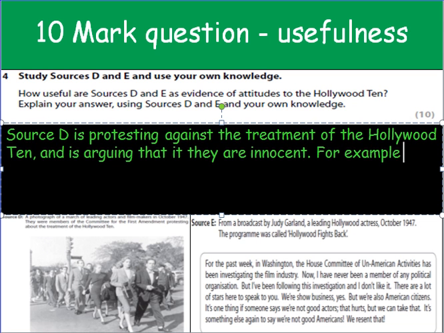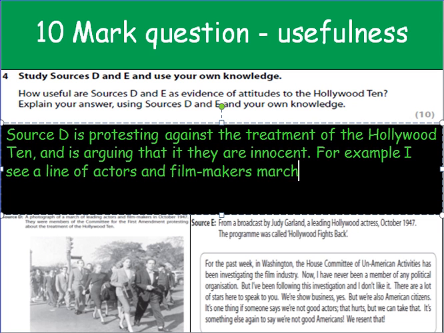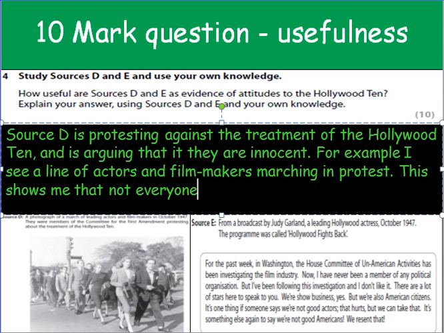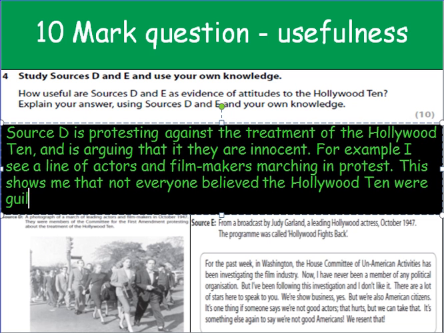For example, I see a line of actors and filmmakers marching in protest. This shows me that not everyone believed the Hollywood 10 were guilty, but that some thought they were innocent.